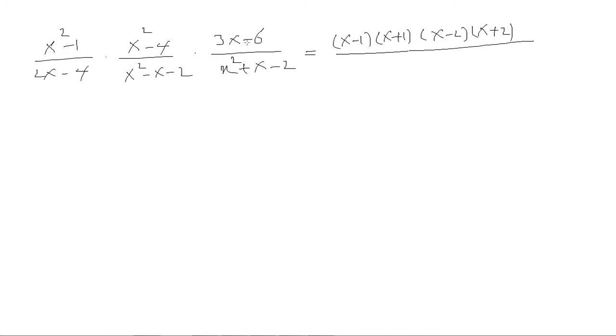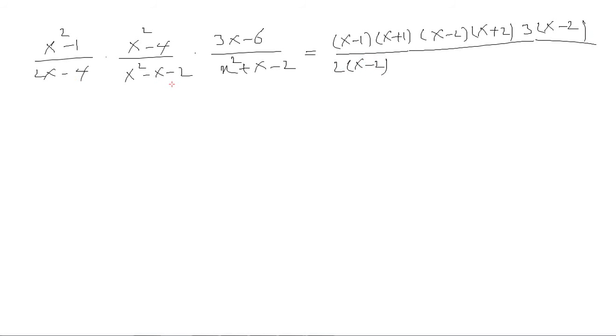And here I can factor out a 3, so it's 3 times x minus 2. For the denominator, here I can factor out a 2, so it's 2 times x minus 2.